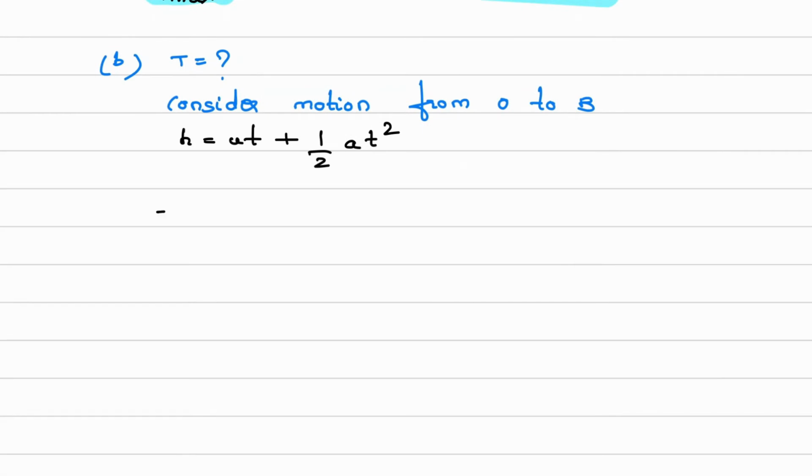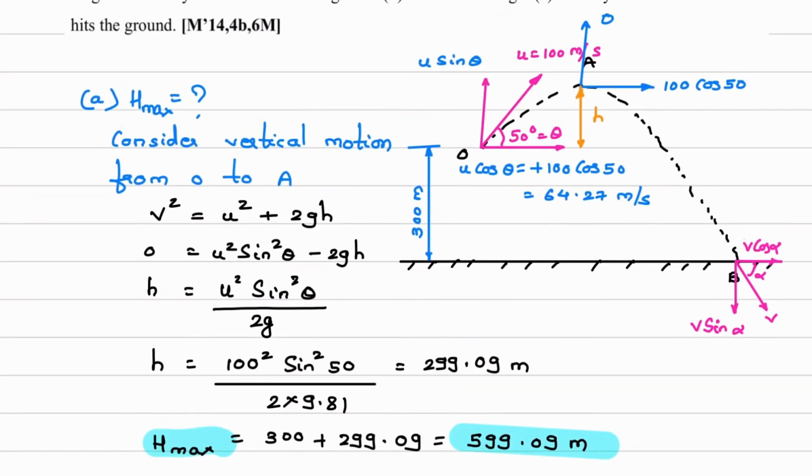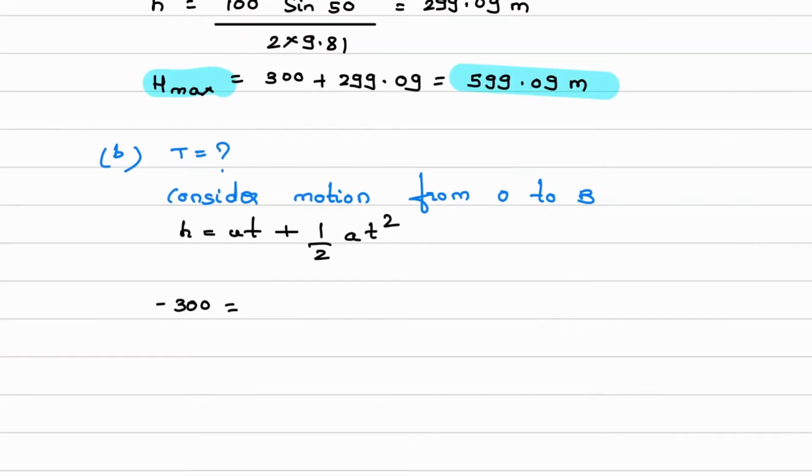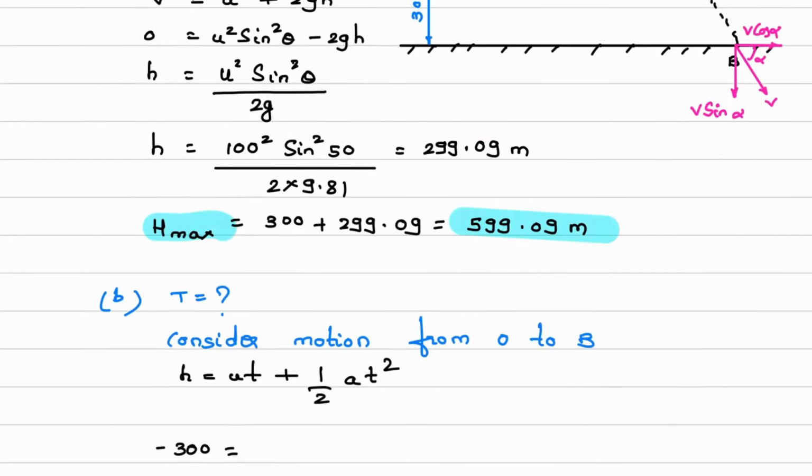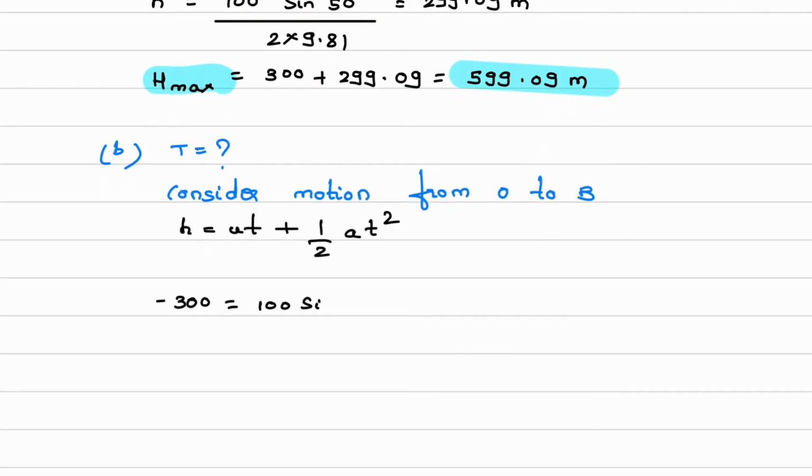So this will be minus 300 equal to, what is the y component of velocity? This is u, the initial velocity vertical component at point O. So it is u sine theta, 100 sine 50, into t, minus, why minus?